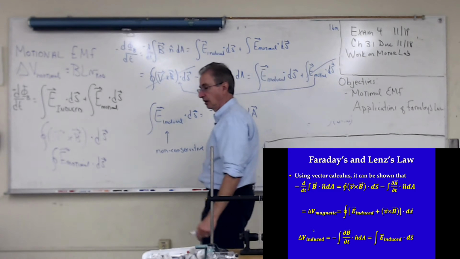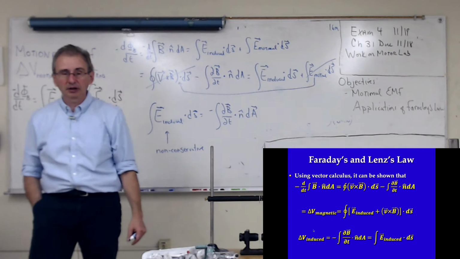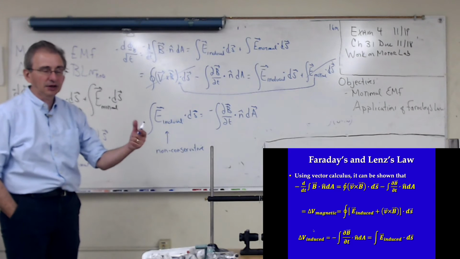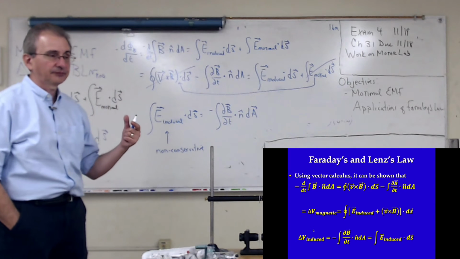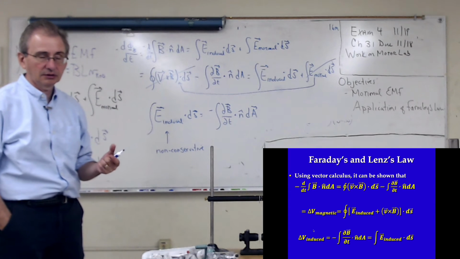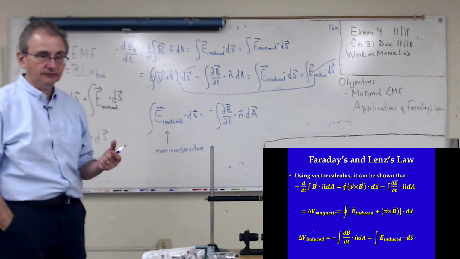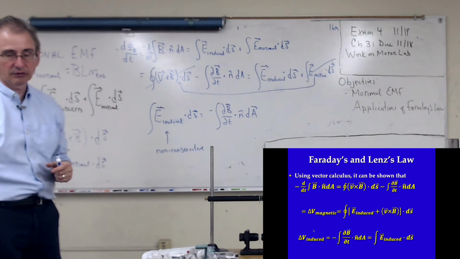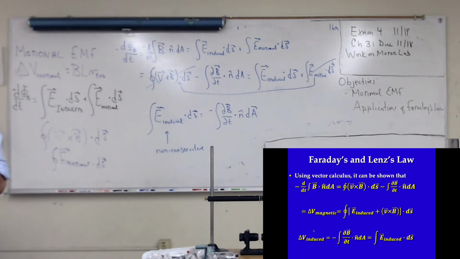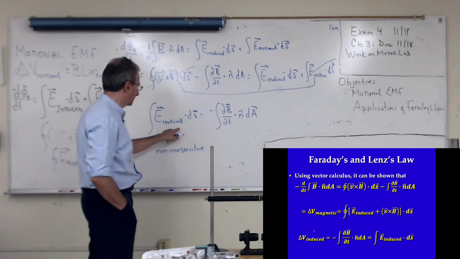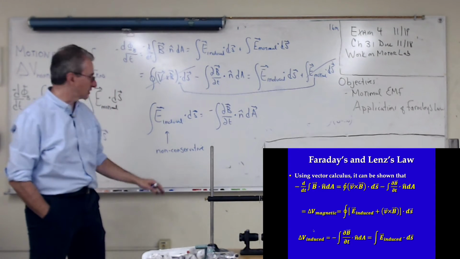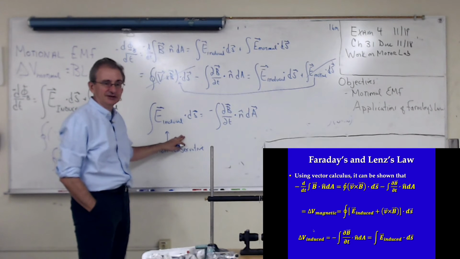Even in the motion, if you look at the motion of the rod on the rails, the induced voltage produced, or the induced field, was conservative. Okay. And that one doesn't travel through space. It's this one that travels through space. It's this one that doesn't require a circuit to exist.